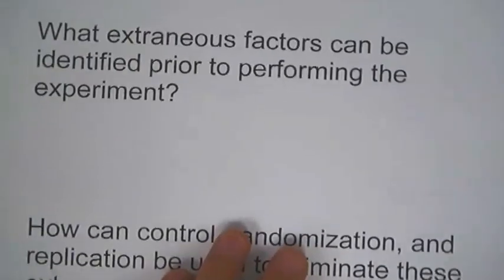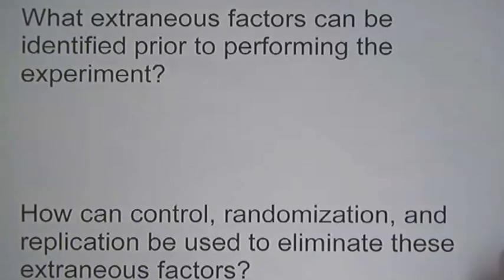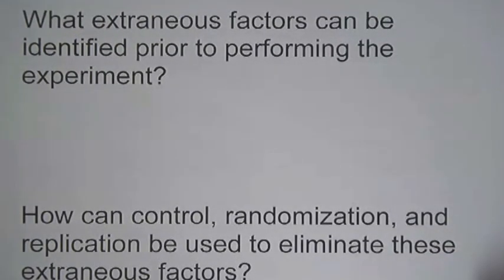Alright. So before we actually do the experiment, we want to try to identify some extraneous factors and try to limit them prior to performing the experiment. So what extraneous factors can be identified? An extraneous factor has to have an effect on the response. In this case, the response variable would be cholesterol level.